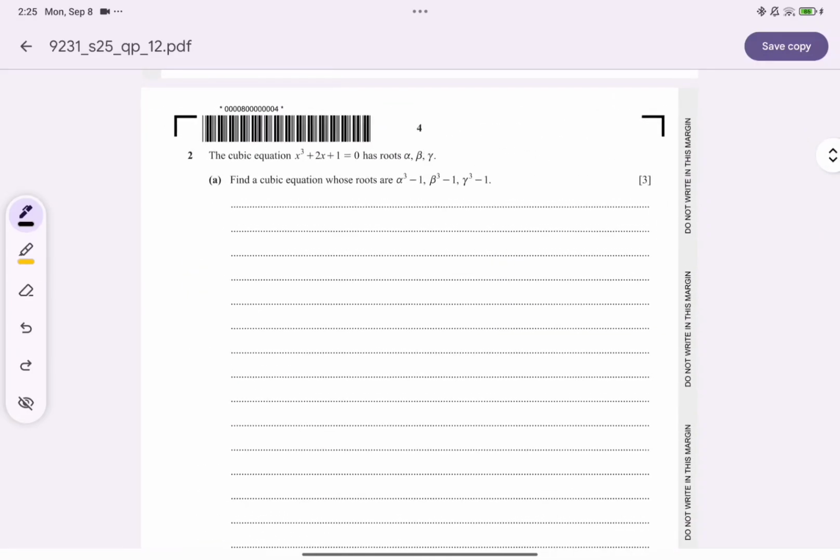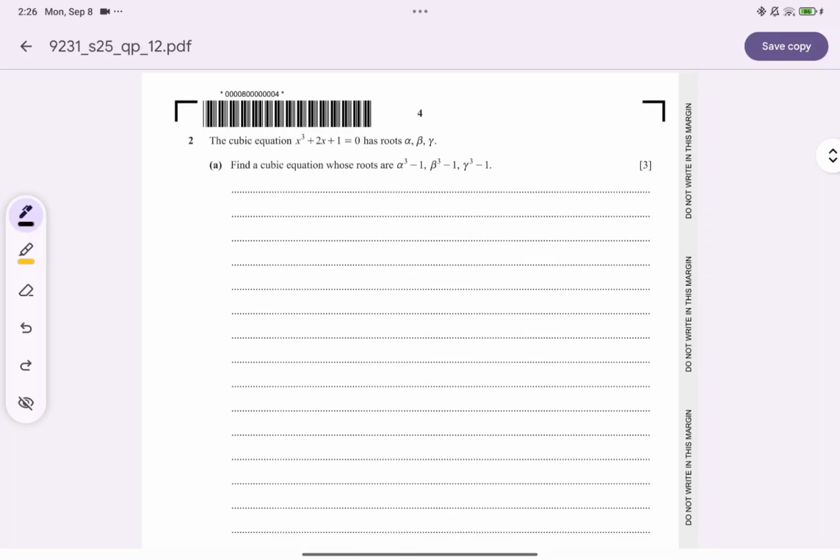Okay, so here we're told that the cubic equation x cubed plus 2x plus 1 equals 0 has roots alpha, beta, and gamma. And here we're going to have to find a cubic equation whose roots are alpha cubed minus 1, beta cubed minus 1, and gamma cubed minus 1.